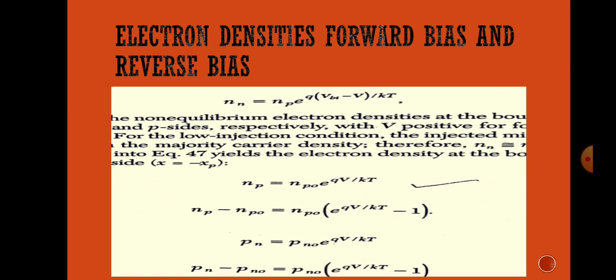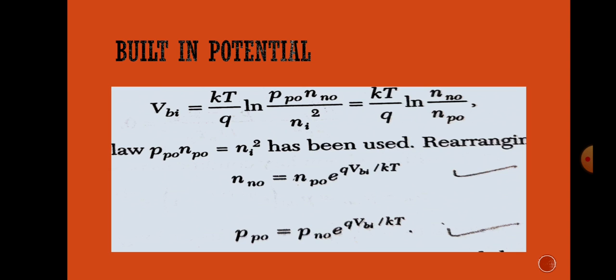The expression for the built-in potential can be written as Vbi equal to kT by q ln (PP0 NN0 divided by Ni square). So this is equal to kT by q ln (NN0 by NP0), where the mass action law, that is PP0 NP0 equal to Ni square, has been used.